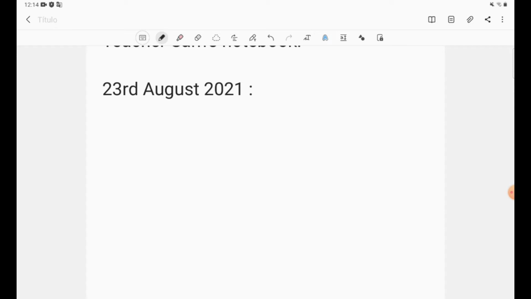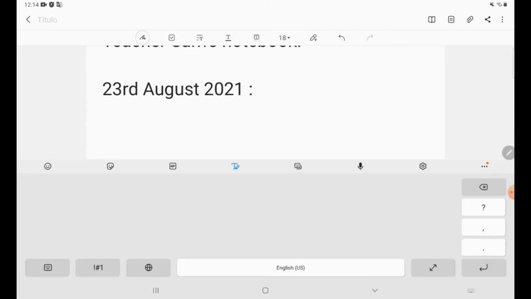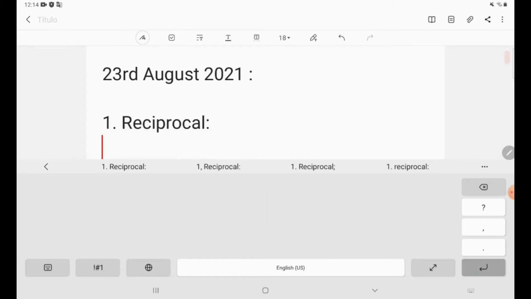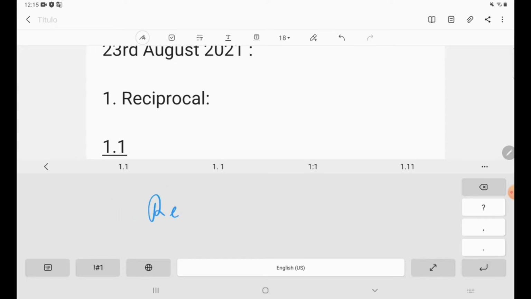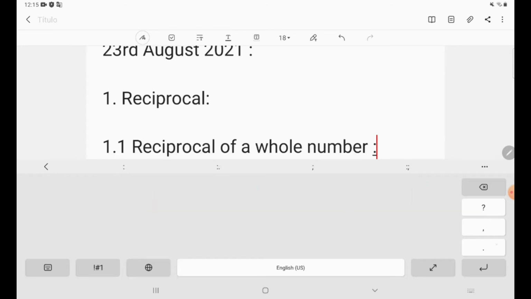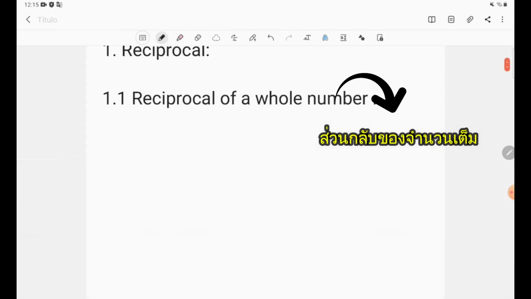First, reciprocal of a whole number. Okay, what is that? Let me explain you. Reciprocal of a whole number.